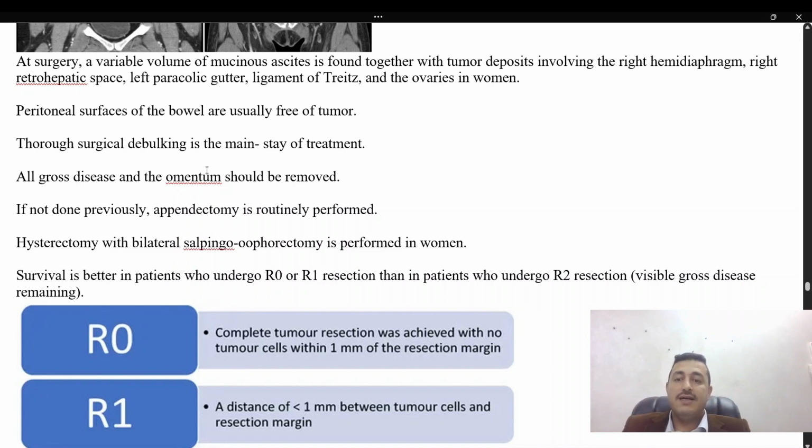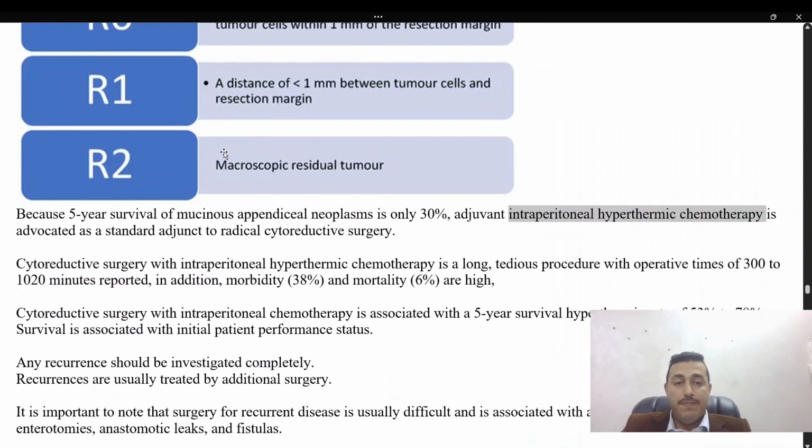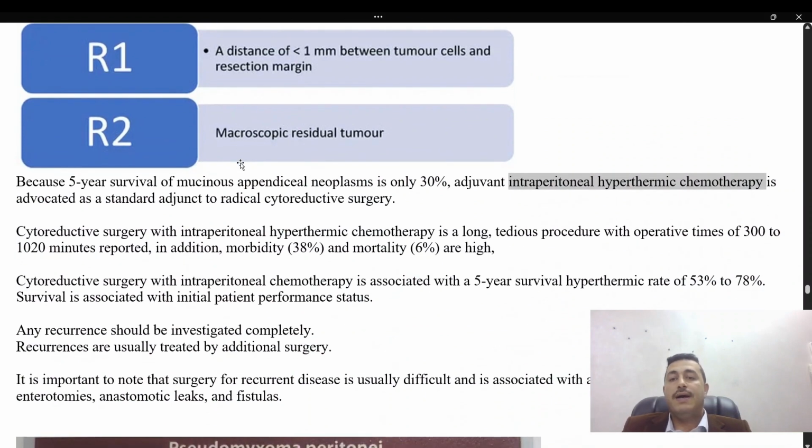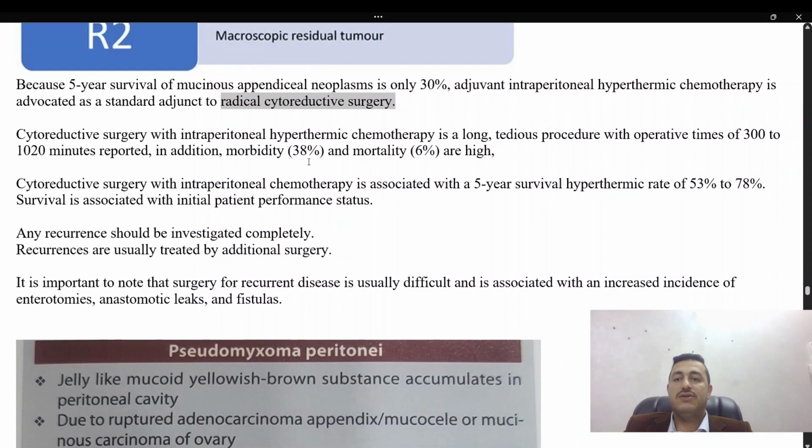Appendix, remove it. Salpingo-oophorectomy, remove it. Plus intraperitoneal hyperthermic chemotherapy. This will be an adjunct, will help our treatment. Removal of any visible tumor is called radical cytoreductive surgery. This is radical cytoreductive surgery.